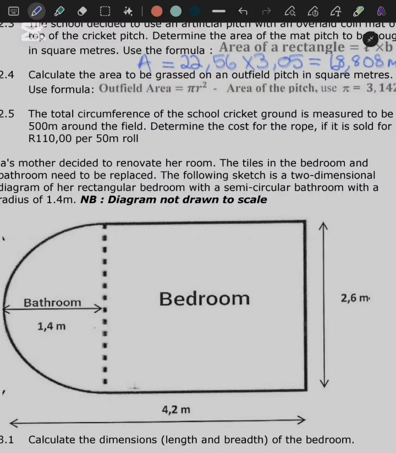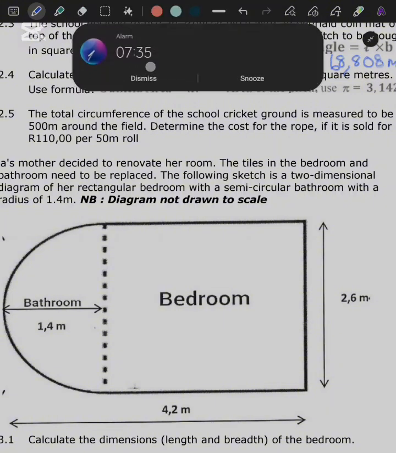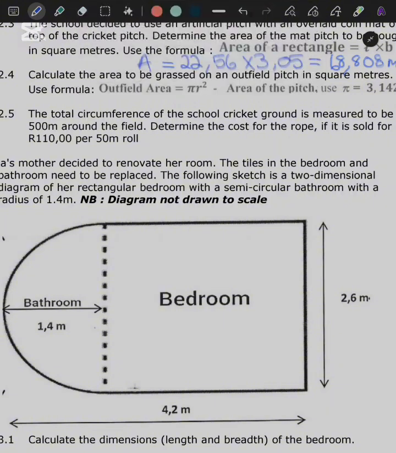So it's 500 meters in total, and we can do this as a ratio. We do it as a ratio by seeing, okay, it's 110 for 50 meters. I need for 500 meters.